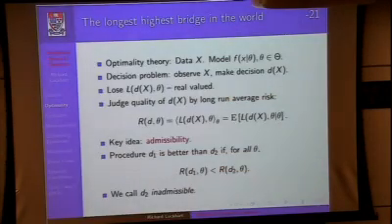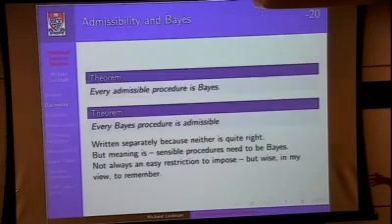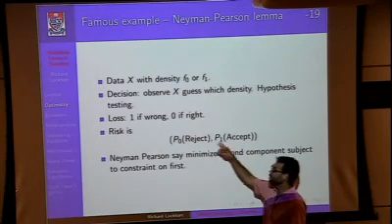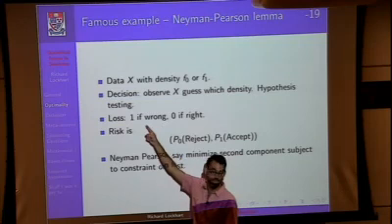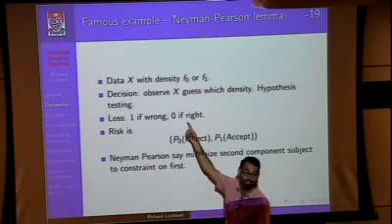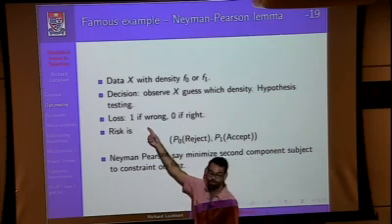I'm going to flip through this, but basically these few slides from Richard Lockhart go through the Neyman-Pearson lemma and prove it from the statistical decision theory point of view. Basically the loss is: you give a value of 1 if you're wrong and 0 if you're right. So if you're right, you didn't make a mistake, so there's no loss, and if you're wrong, you get penalized.